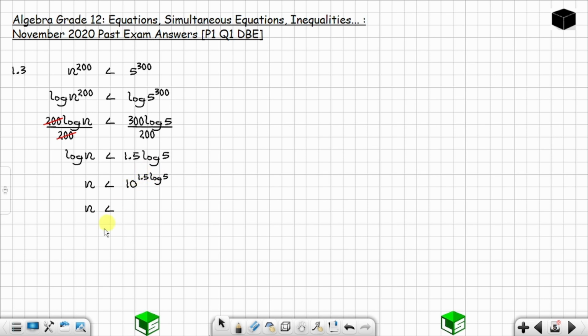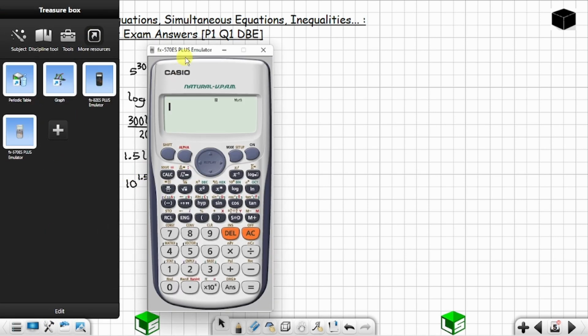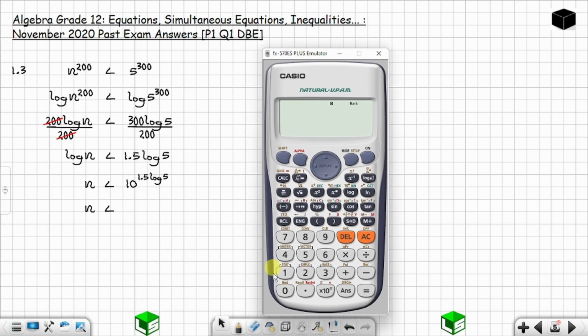Let me use my calculator. I have 10 to the power of 1.5 times log of 5, and this is my exponent.